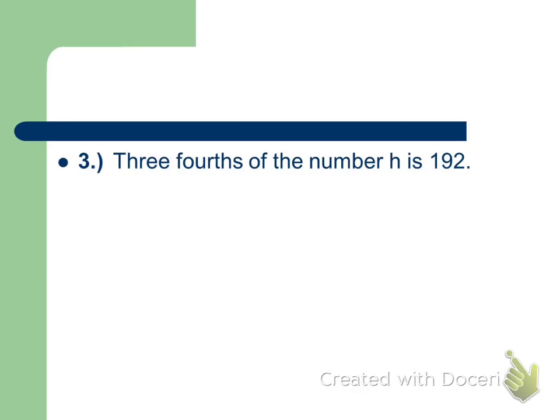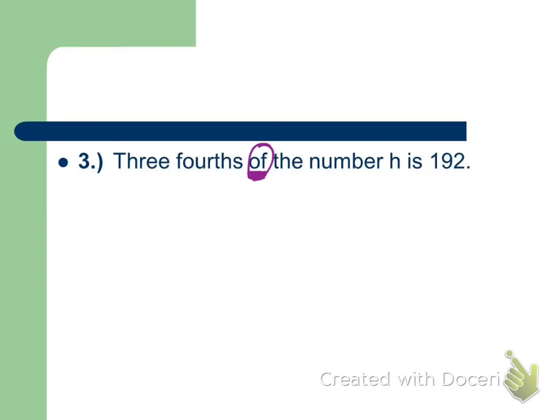Alright, this one gets a little bit trickier. Does anyone remember from when we did these before what operation the word of implies? Multiplication. So 3/4 of a number h means 3/4 times h.